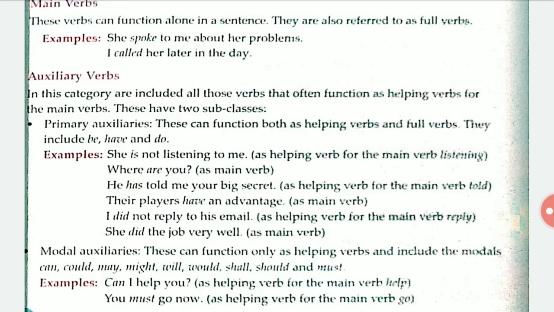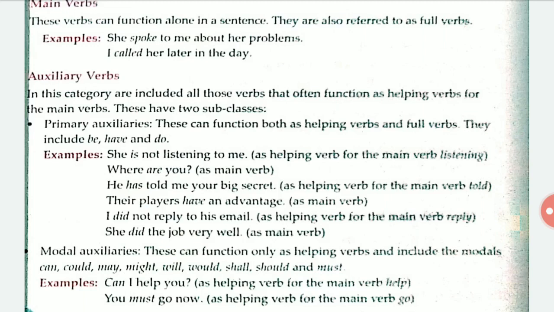Here we have used is, that is the form of be. Is, are, am, was, were, these are the verb forms of be. So here helping verb is used for the main verb listening.